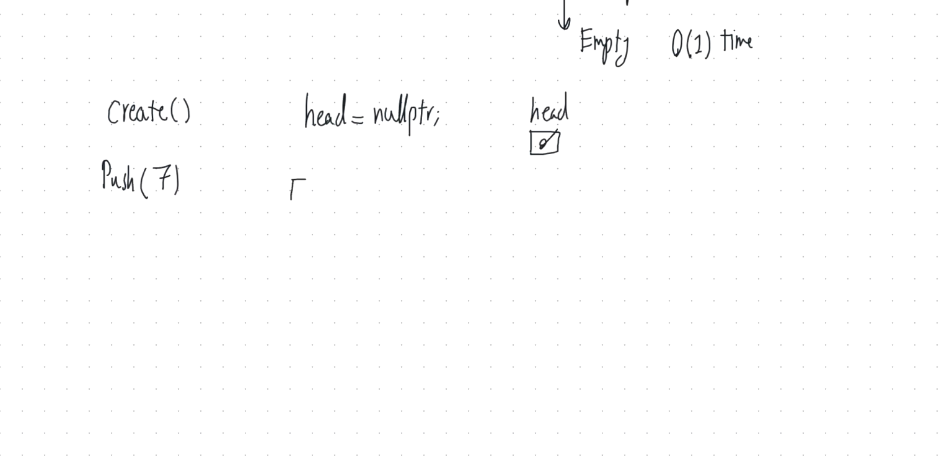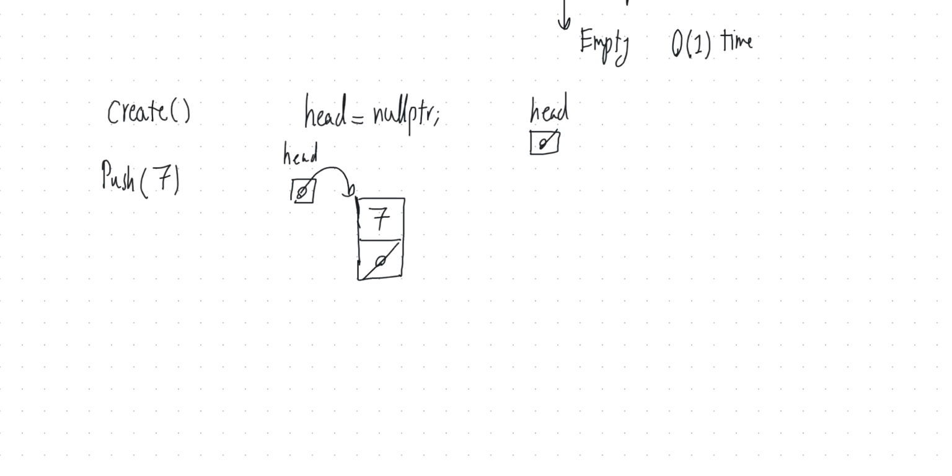In this case, you create a new node and make its key or data to be 7 and the next pointer to be null. And then you say, okay, now head should point to this node. So head is not null anymore, it's pointing to this node.